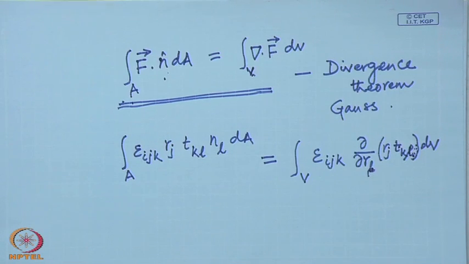Like this stress tensor T k L, it has the components T11, T12, T13 and so on. These components will change if you rotate your axis system.